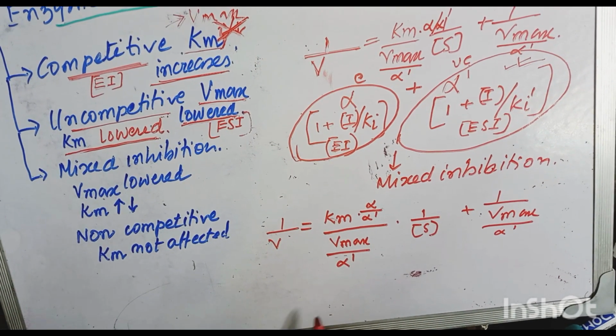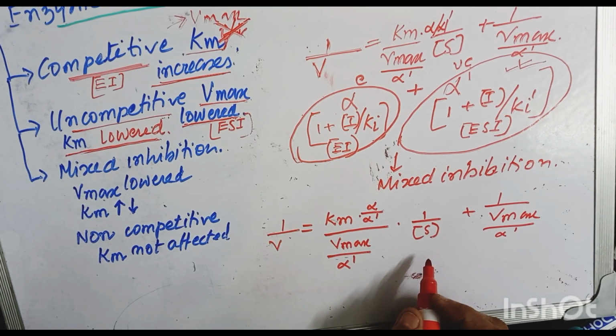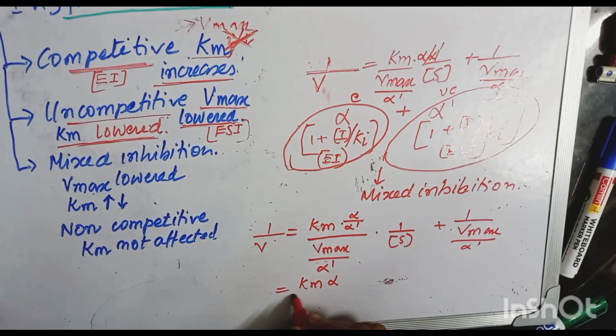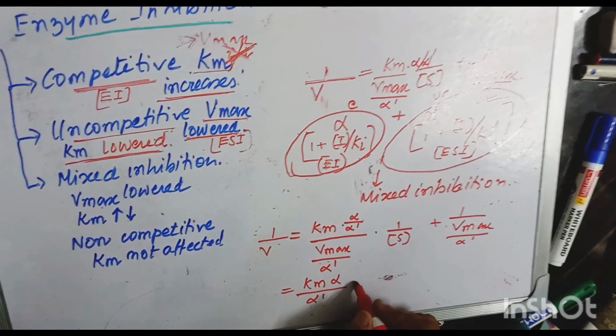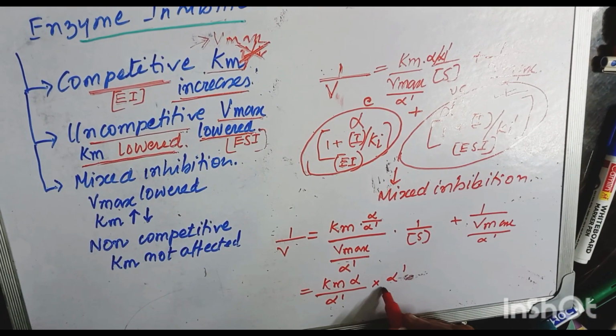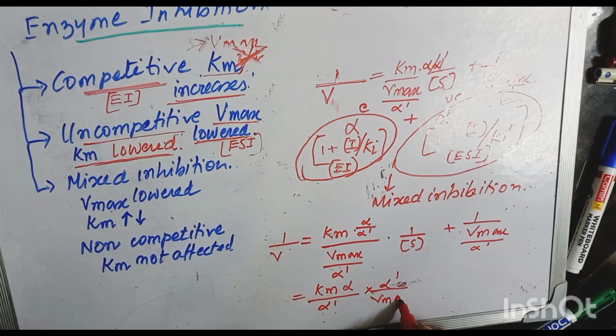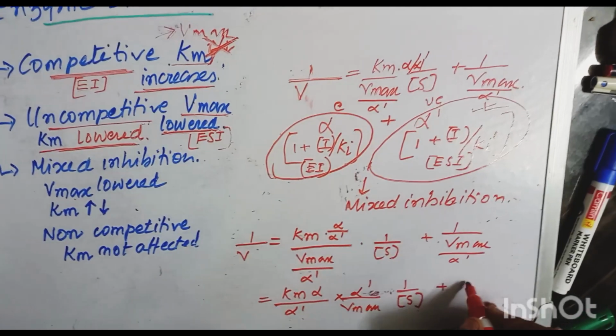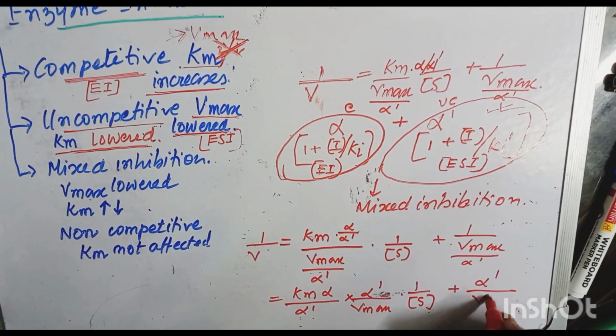Now I'll simplify this equation. That is Km alpha by alpha dashed into alpha dashed by Vmax into 1 by S plus alpha dashed by Vmax.